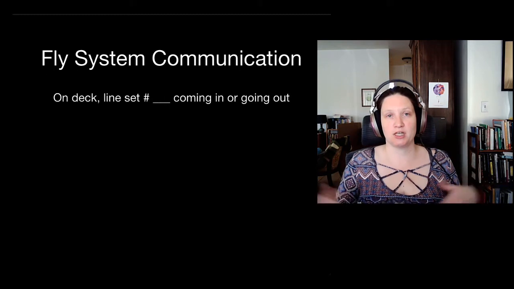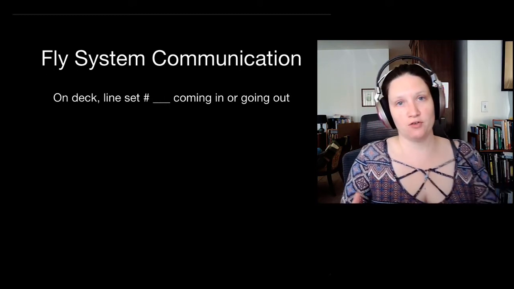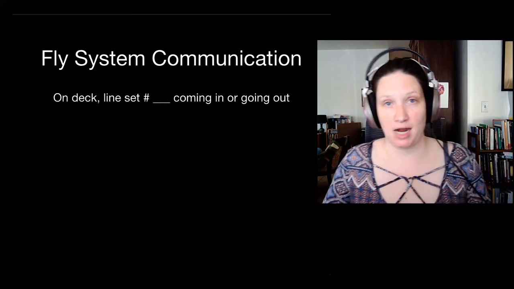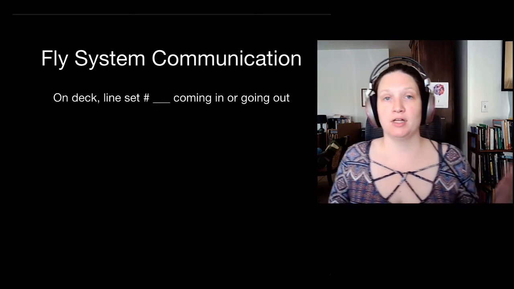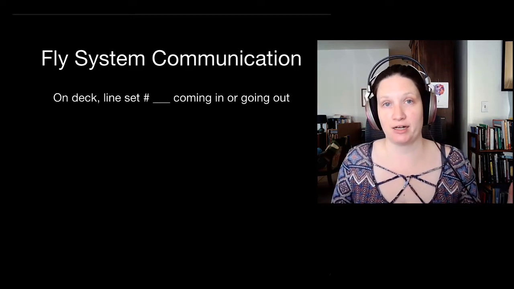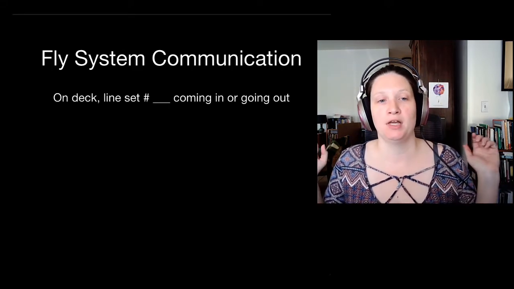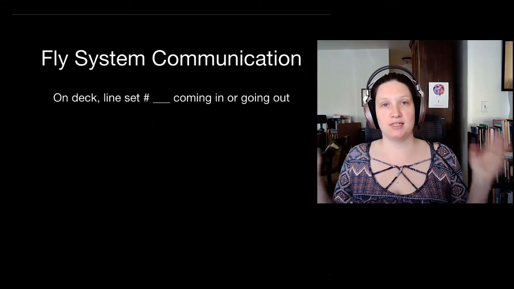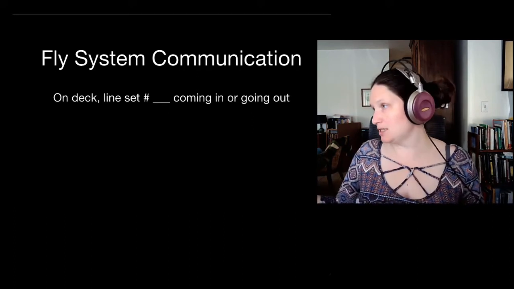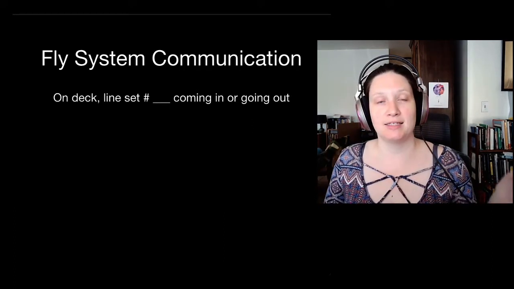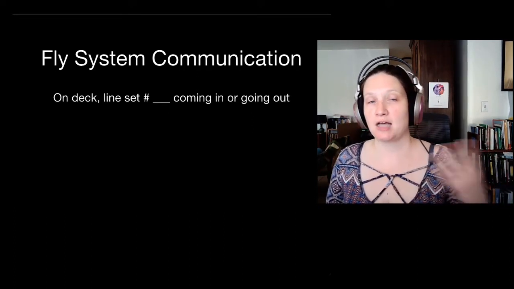So the first thing we'll do as you walk over to move a pipe, right? I need to bring in the line set, which has the first electric, so that's all of the first pipe full of lighting equipment. And so you say to the people on stage, on deck, line set number 4 is coming in.